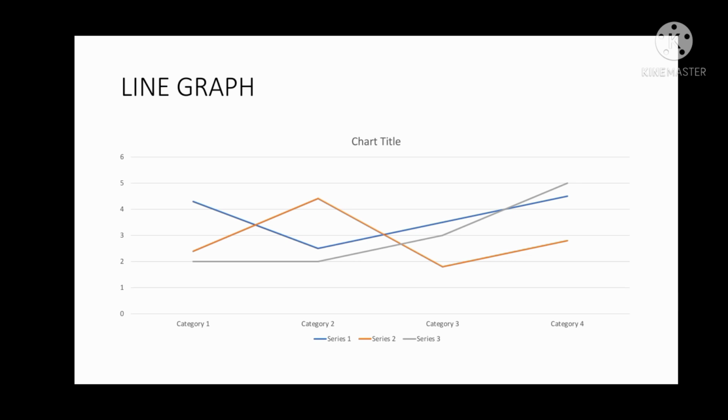A good example of this is the COVID-19 cases presented in 24 Oras, wherein they give us the trends on how many COVID-19 patients per day is being recorded, and to show us if there is a decrease in COVID-19 cases or an increase. So those are the different types of graph.